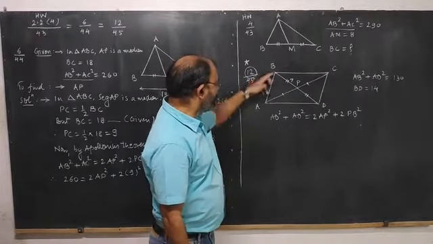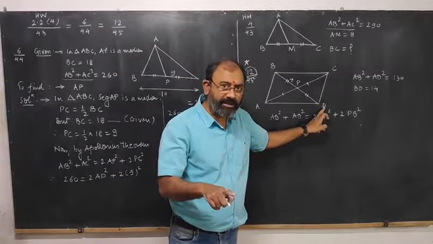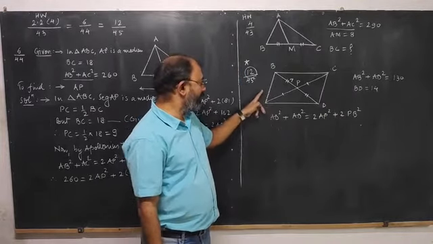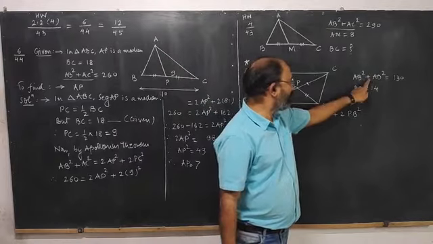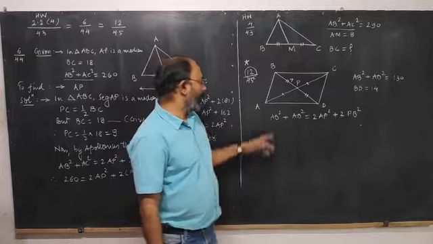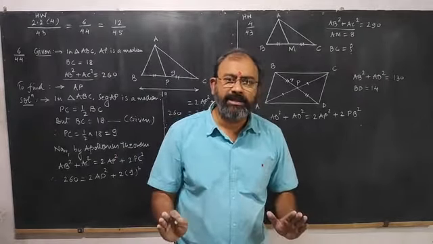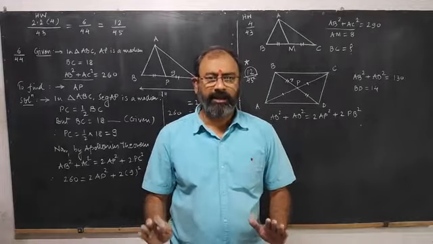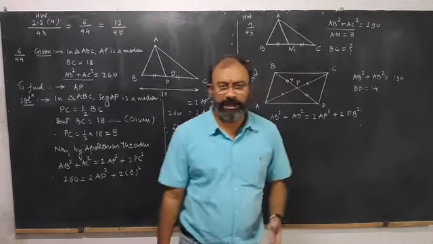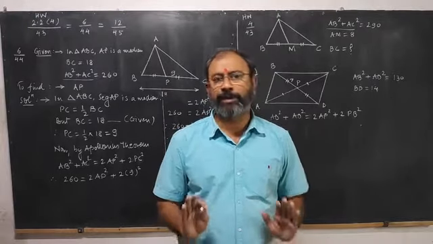So AB square plus AD square, the sum of the squares of adjacent sides, is 130. This is given. Then it is given that one diagonal is 14. Either you take BD as 14 or you take AC as 14. It doesn't matter. If one diagonal is given, the second diagonal can be obtained.